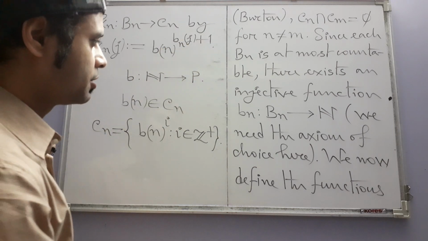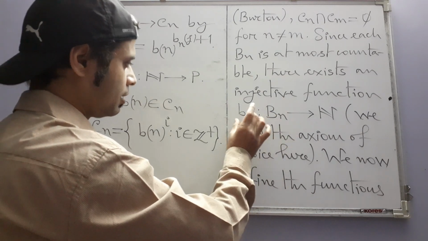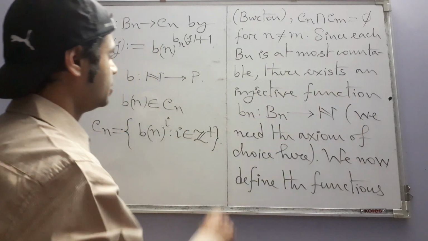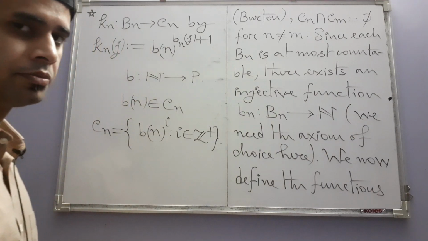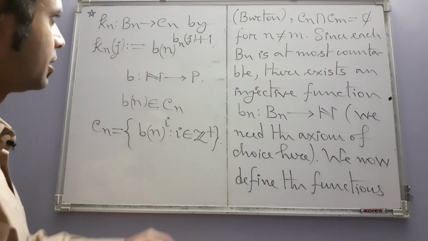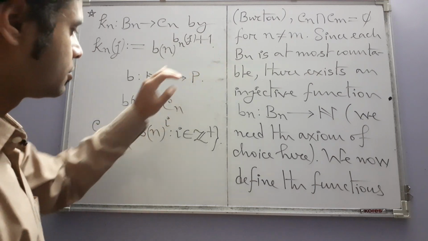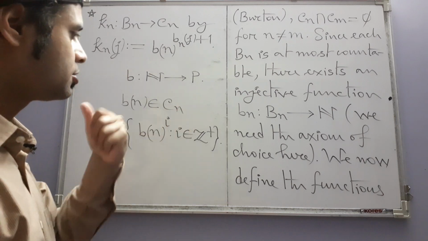It is, because you see what our bn is. The function bn maps Bn into N. So this bn of j is some natural number. It may be 0 also, but to make it positive we have added 1. So this output actually belongs to Cn.